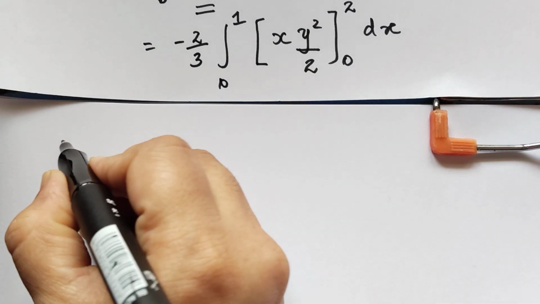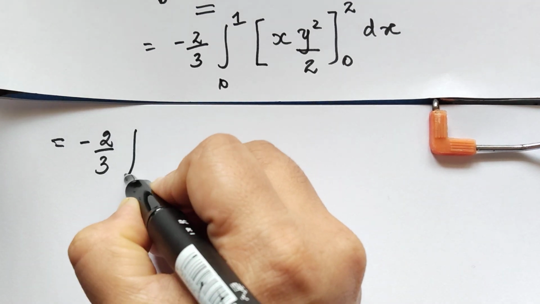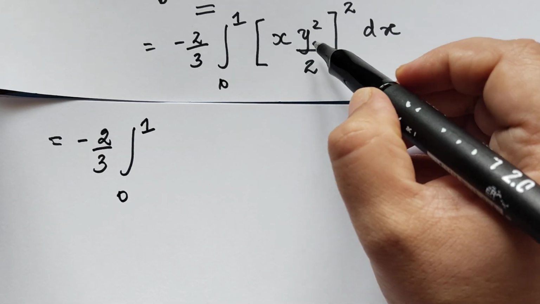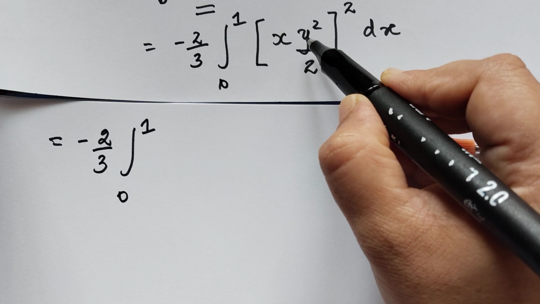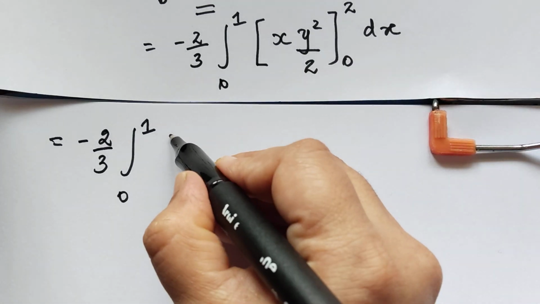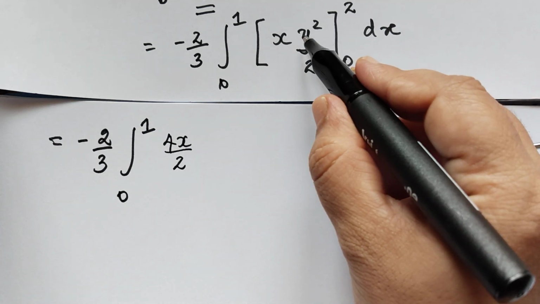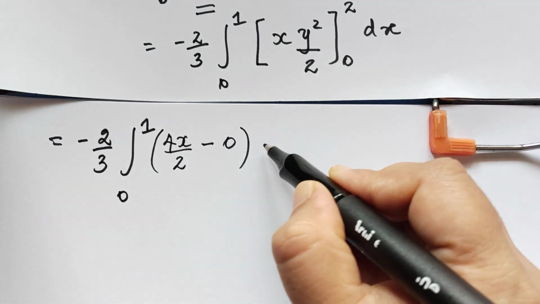So it will be minus 2 by 3, integral 0 to 1 as it is. Now we apply the limits for the variable y. When you put y as 2, that is the upper limit, 2 square will be 4, and so we will be getting 4x divided by 2. And the lower limit is 0, so upper limit minus the lower limit will give us 0 over here.